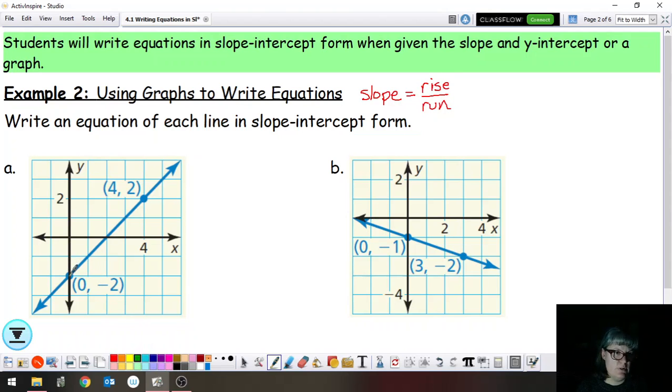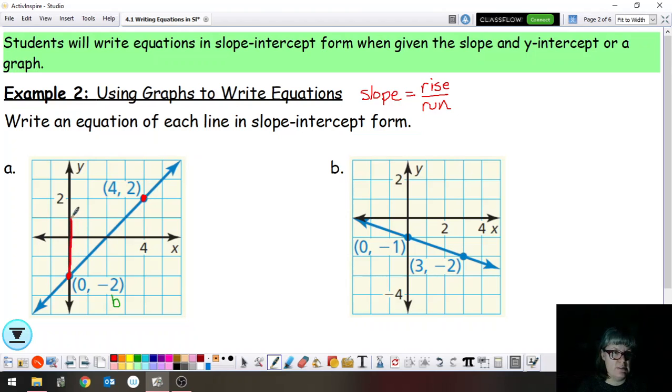We can see where it's crossing the y-axis. So our b value for this particular line is at -2 on the y-axis. To find my slope, I'm going to start from my leftmost point and go to the right point that they've identified, and I'm just going to count my rise over my run.